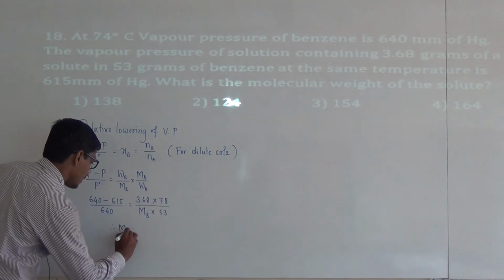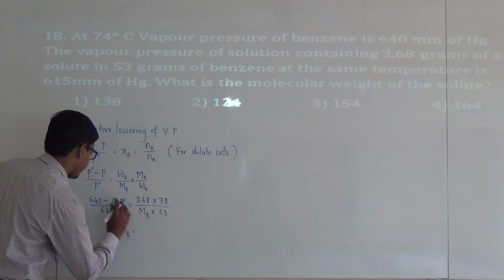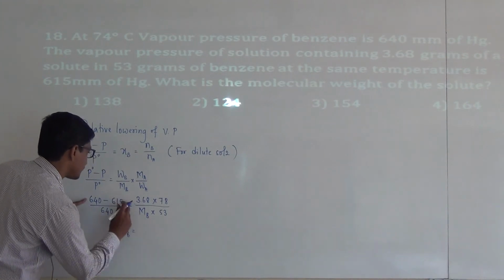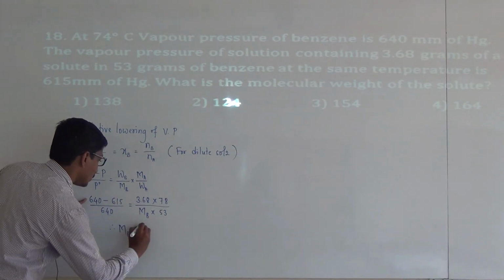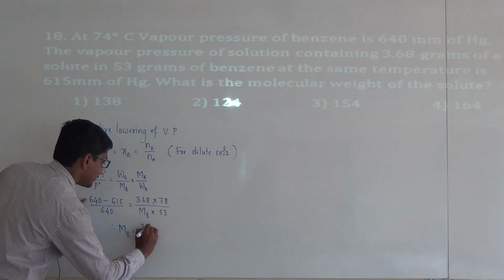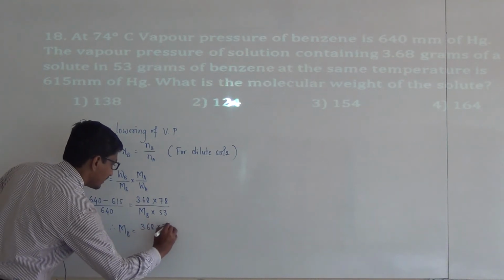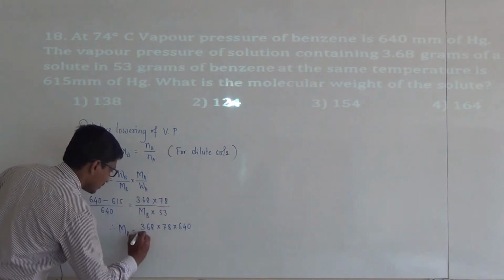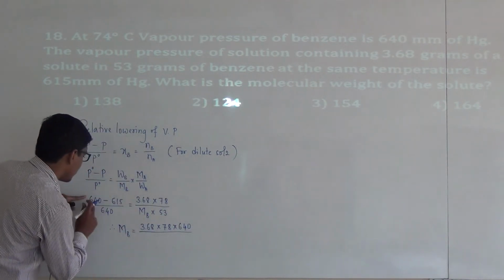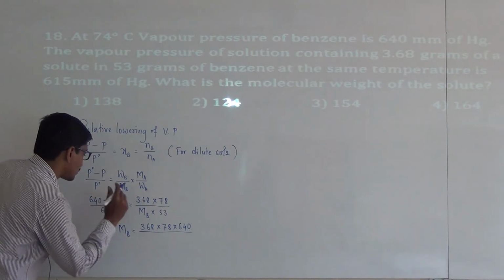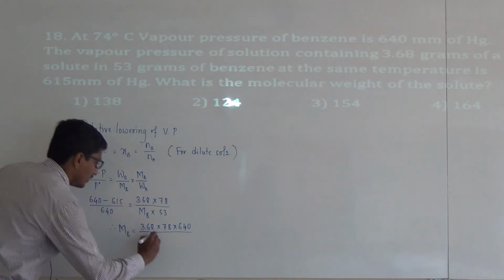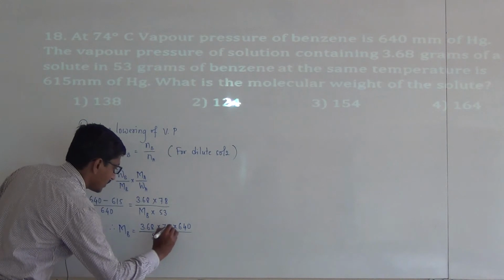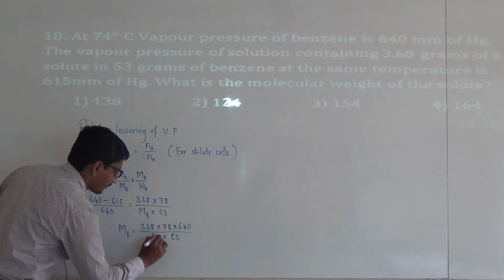Therefore MB is equal to 3.68 into 78 into 640, by cross multiplying, divided by (640 minus 615, that is 25) into 53.